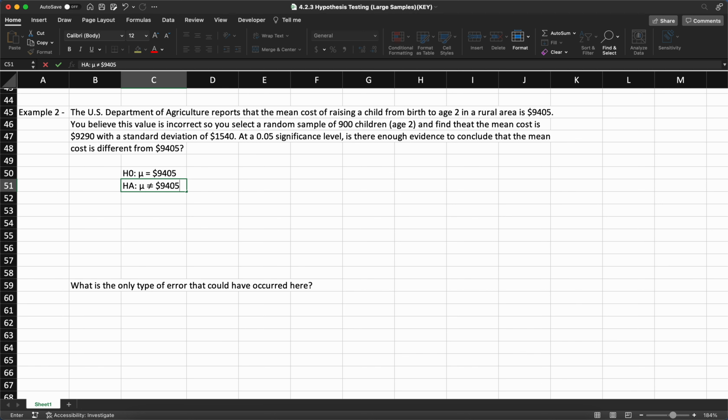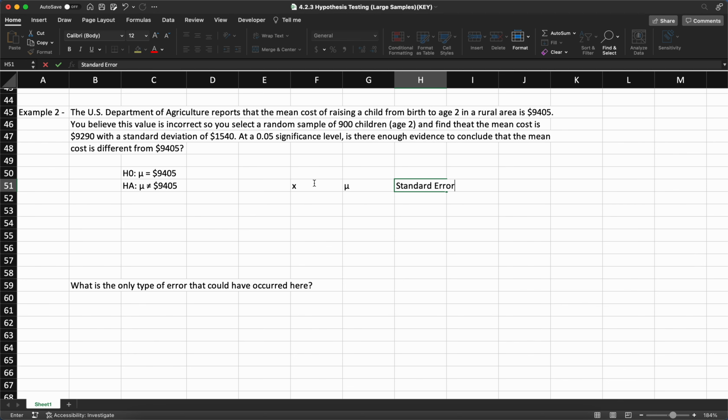And if I were to draw the normal curve, we would be satisfied to reject the null hypothesis if this value were either larger by a certain amount or smaller by a certain amount. So now let's actually find what that amount is. So we need to set up what our x value is, our mu, our standard error.